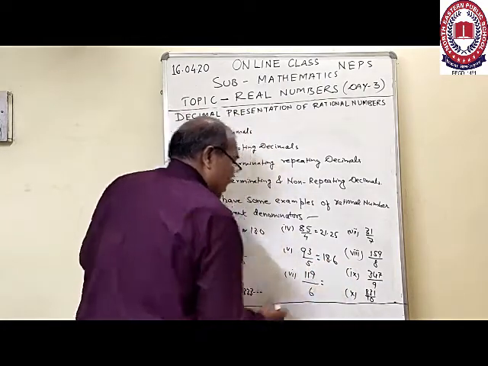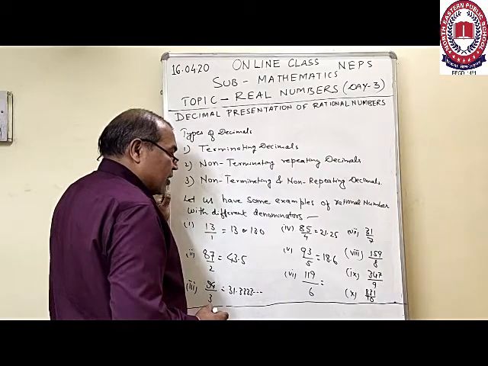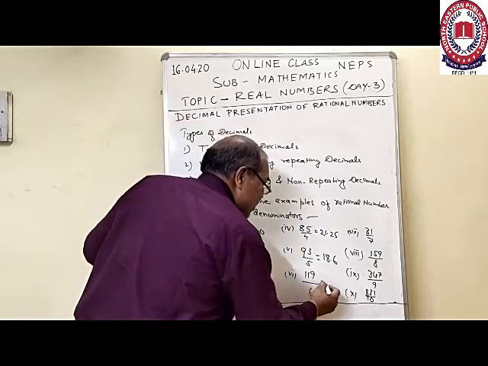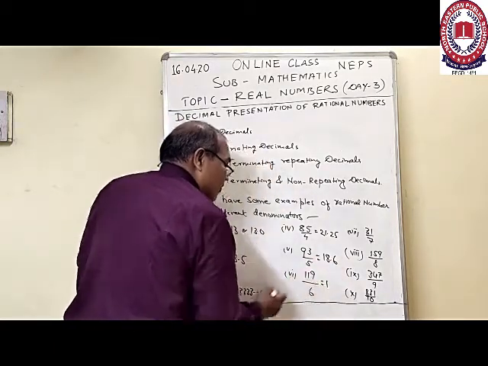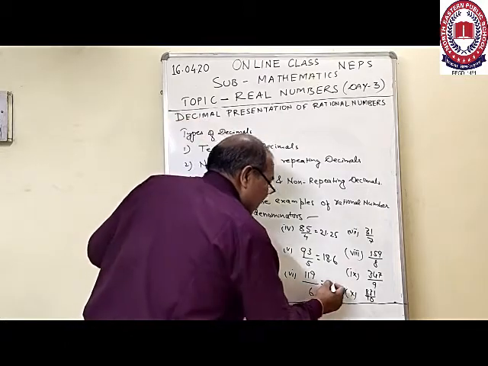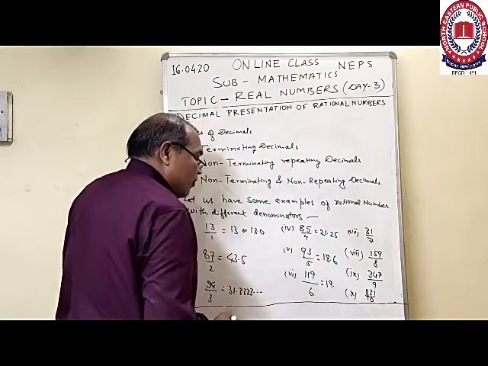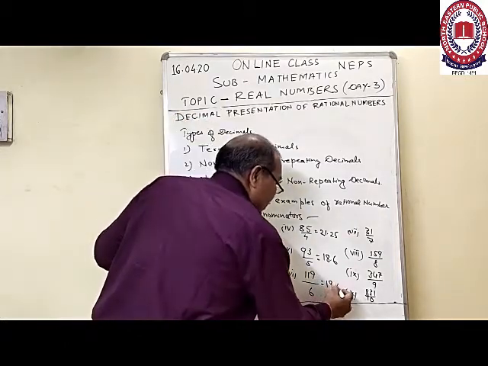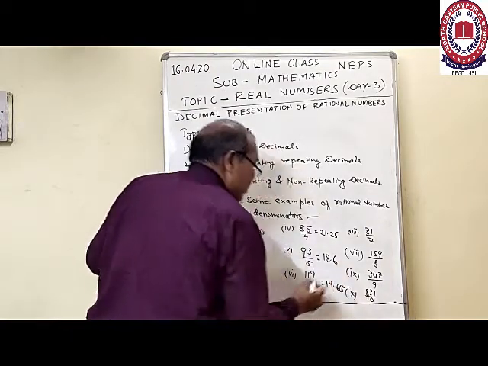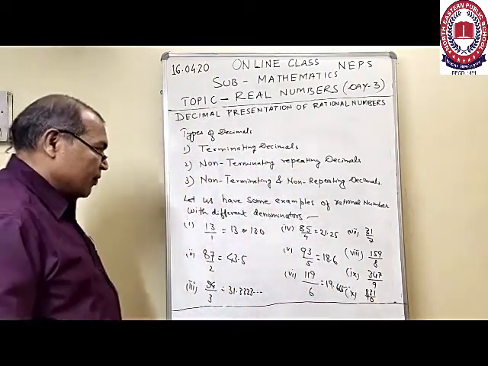Then 119/6: 6 one time, carry remainder 5, 6 9 is 54, 4 is remaining. Thereafter 6 6 6, likewise this decimal will keep coming.